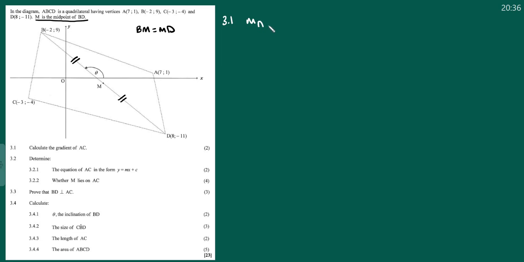So the gradient of AC will be y of C minus y of A over x of C minus x of A. I'm going to write it straight here because of space, but you know that you can write it properly.